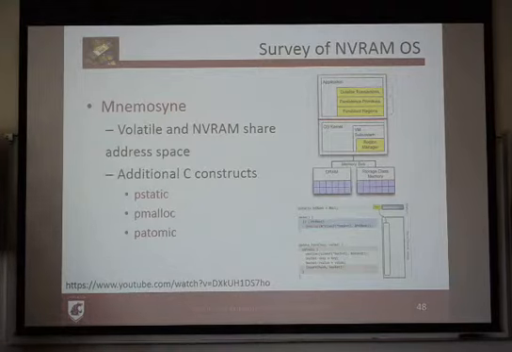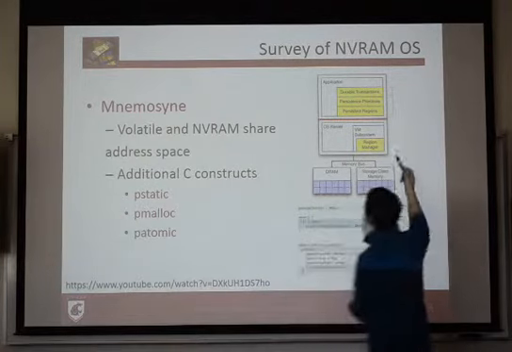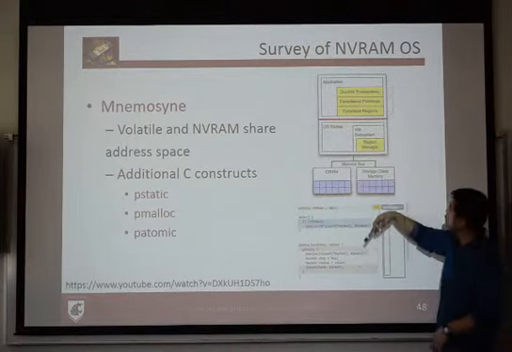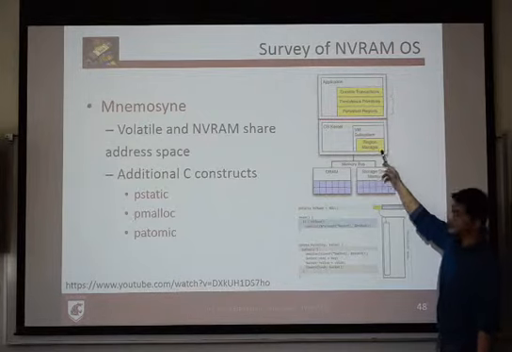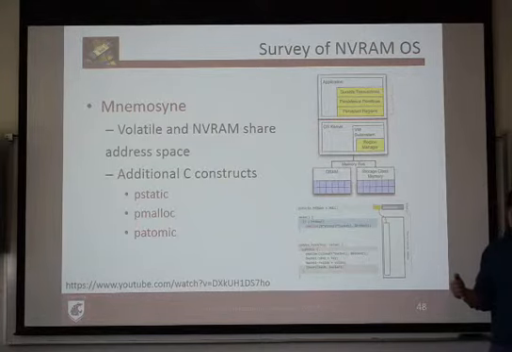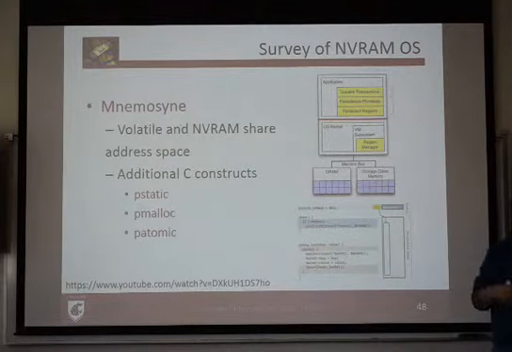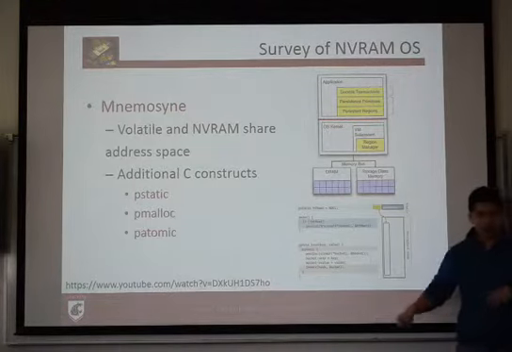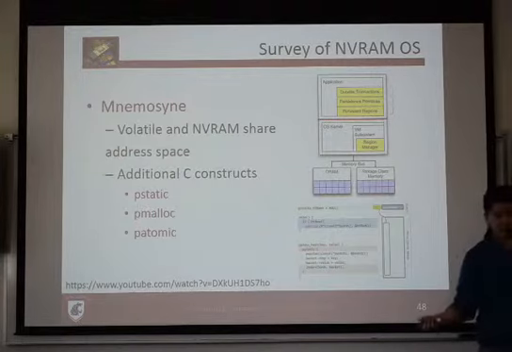But NEMOC is practically a system where they added some C constructs into a C compiler, so they just extended GCC, and also added a subsystem in the OS kernel to know which programs are persistent, which variables are supposed to be persistent, and where they are. So this type of system assumes that the NVRAM and your volatile RAM are on the same shared memory space.